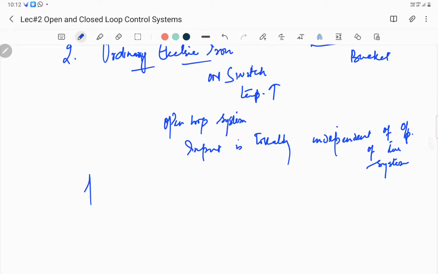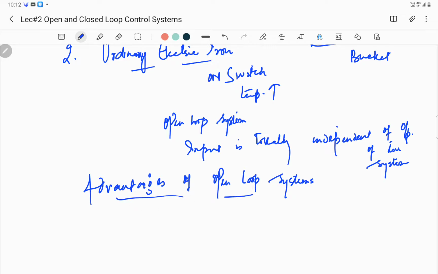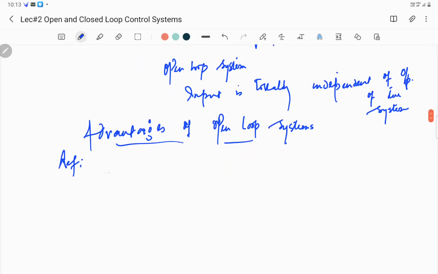Now let us look at the advantages of open loop systems. Or before coming to the advantages, let's first define an open loop system. Definition.